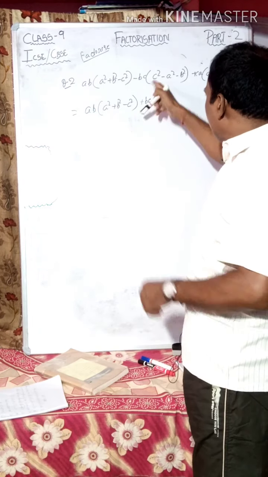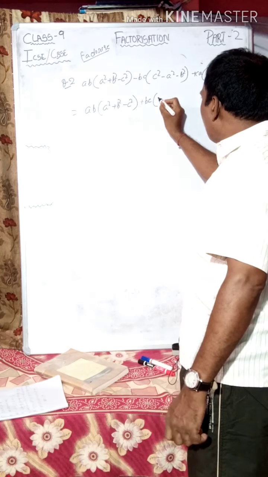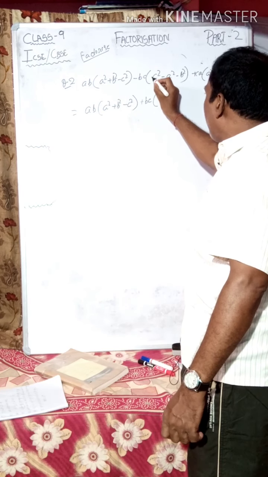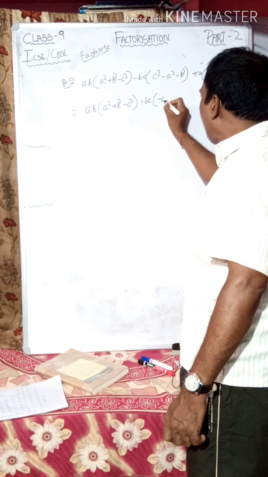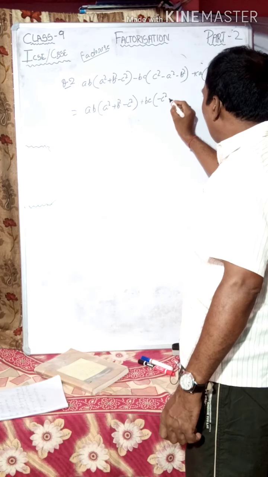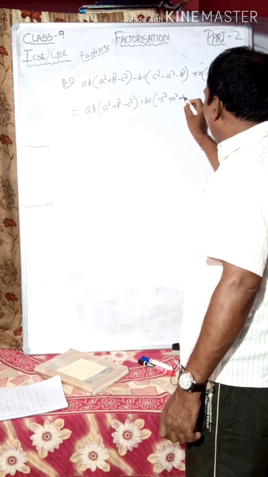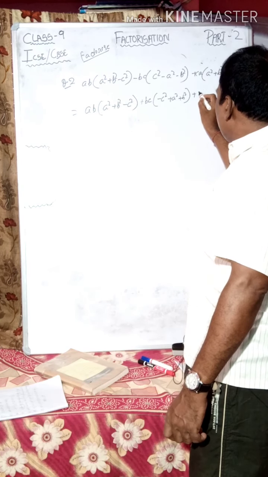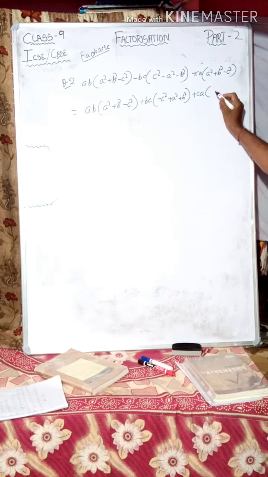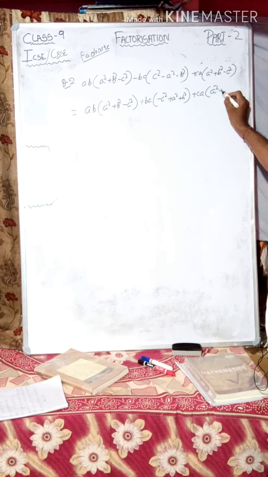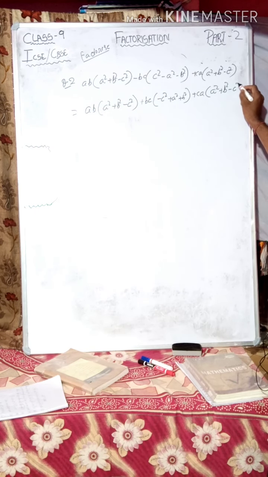So now minus turns into plus, this minus goes inside the bracket. Minus c square turns into plus c square, minus into minus plus a square, minus into minus plus b square, plus ca whole into a square plus b square minus c square.